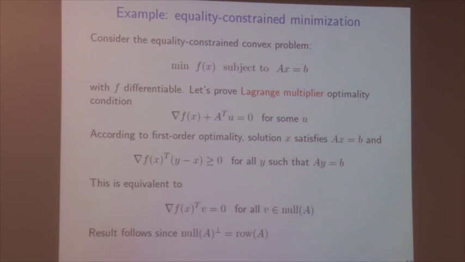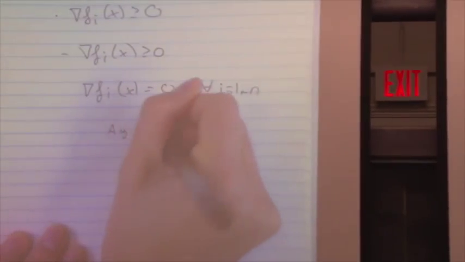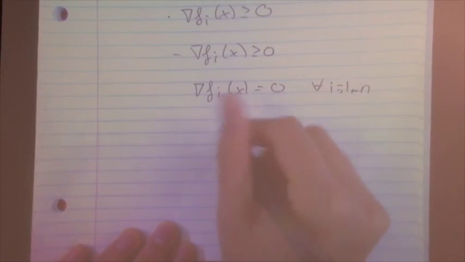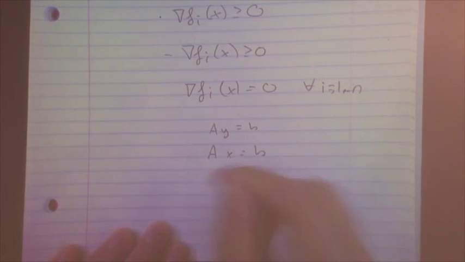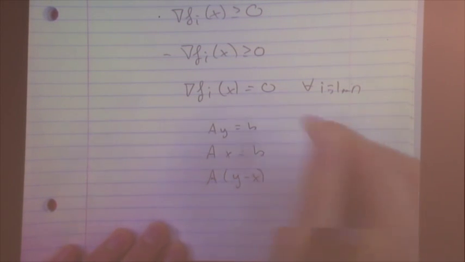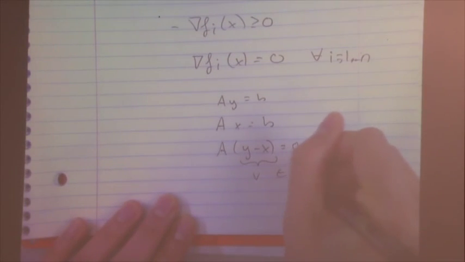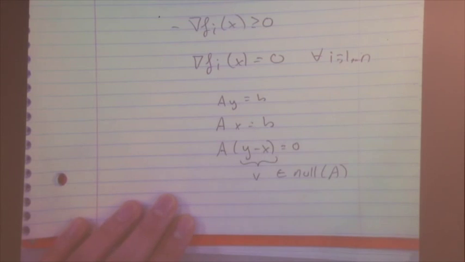So to do this proof, and show that this is equivalent to that term with the v in it, I've got Ay equal to b, Ax equal to b. I'm just going to subtract them. So then now I know that y minus x satisfies this, and I'm just going to name it v because Ryan named it v. And so that is in the null space of A.